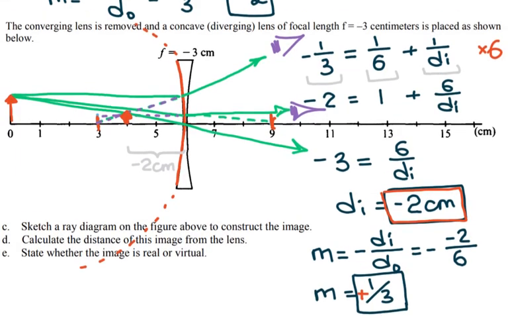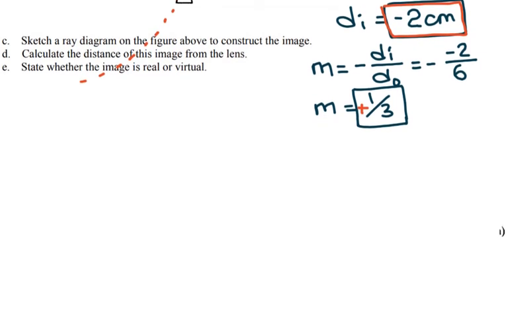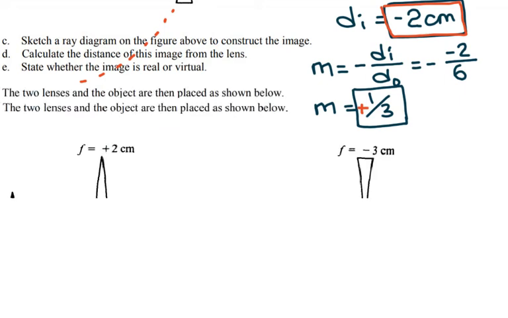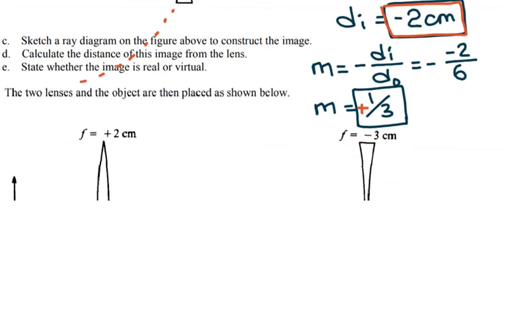For the next part of the FRQ problem, they say that the two lenses and the objects are then placed as shown in the picture. So the two lenses and the objects are placed as shown in the picture right here.